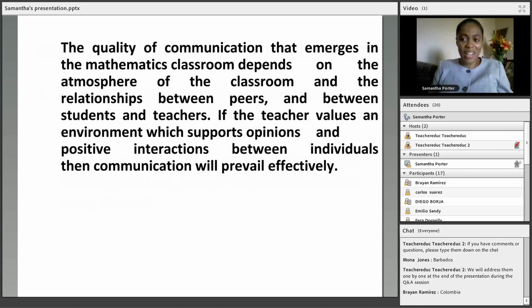Furthermore, the quality of communication that emerges in the mathematics classroom depends on the atmosphere of the classroom and the relationship between peers, the relationship between students and teachers. If the teacher values an environment which supports opinions and positive interaction between individuals, then communication will prevail effectively.